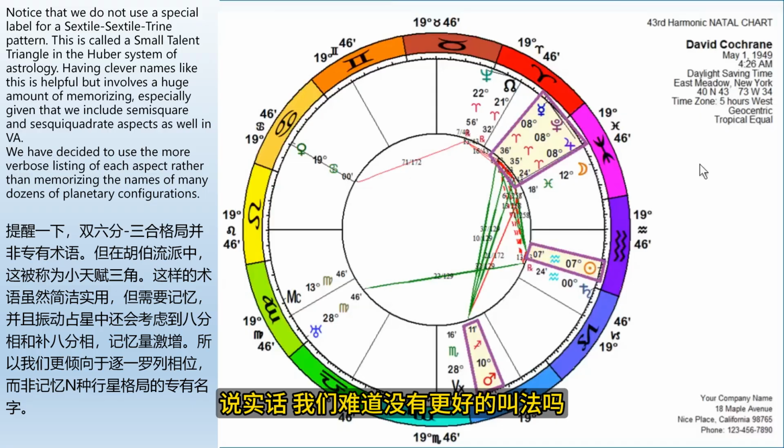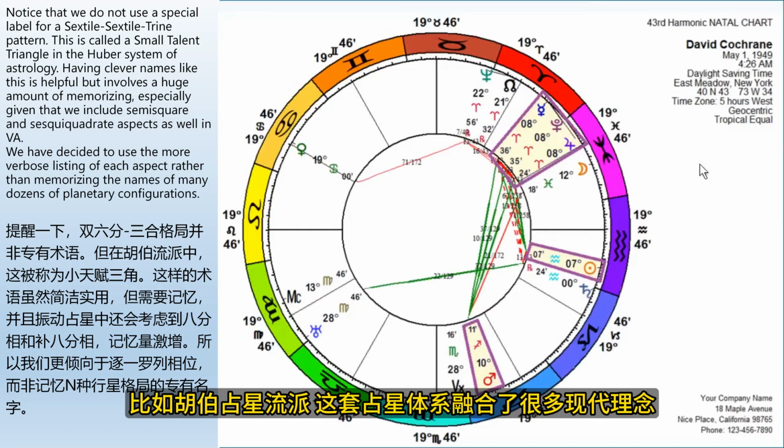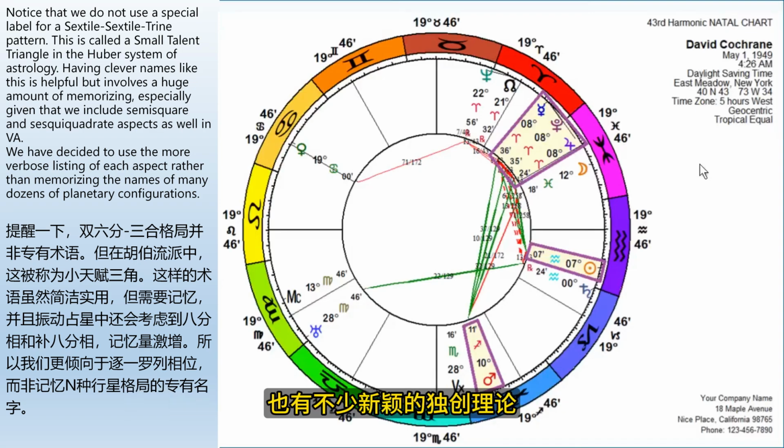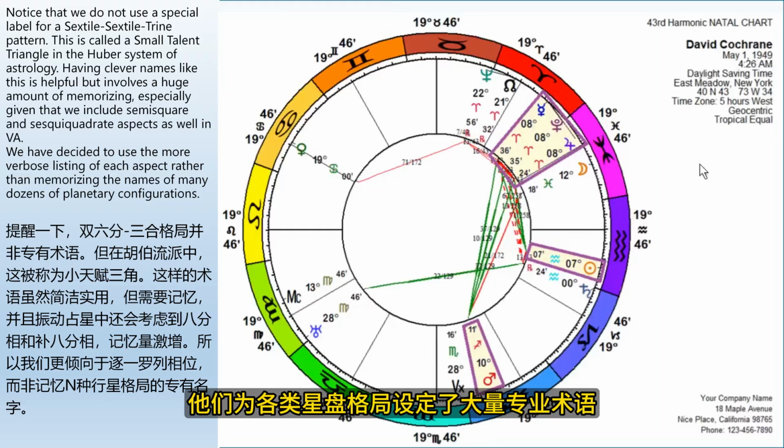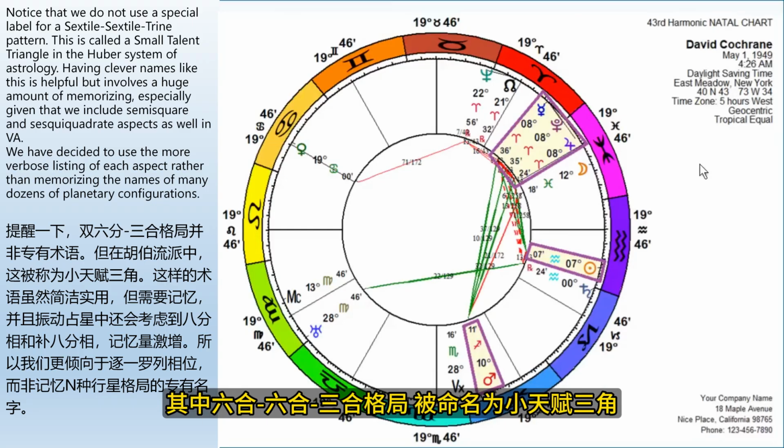Well, we could. Do you really want it? You're going to have to memorize all these names, and they've already been named. We don't have to create new names. So, for example, in the Huber system, that's a system of astrology that uses a lot of modern ideas with some interesting innovations, they have a large number of names for patterns, and the sextile trine is called a small talent triangle.